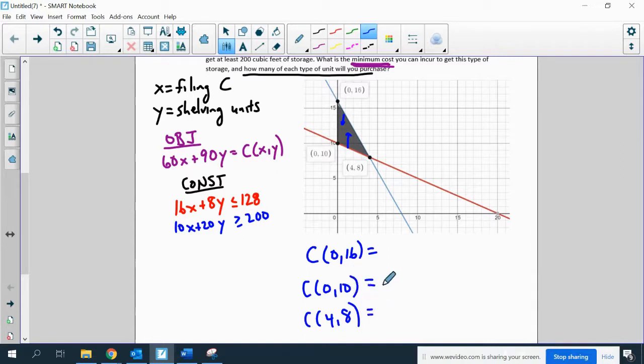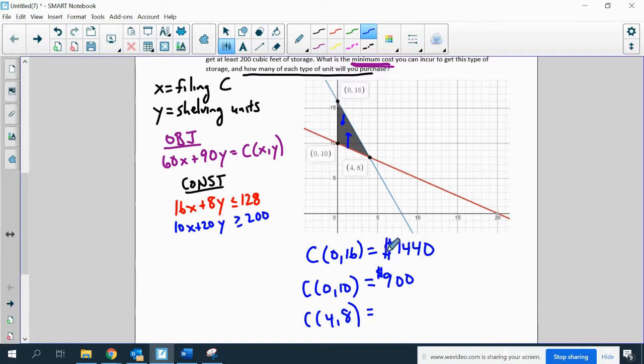So if I take all of these, this one is $900. This one is $1,440, because 16 times 90 gives us 1,440.